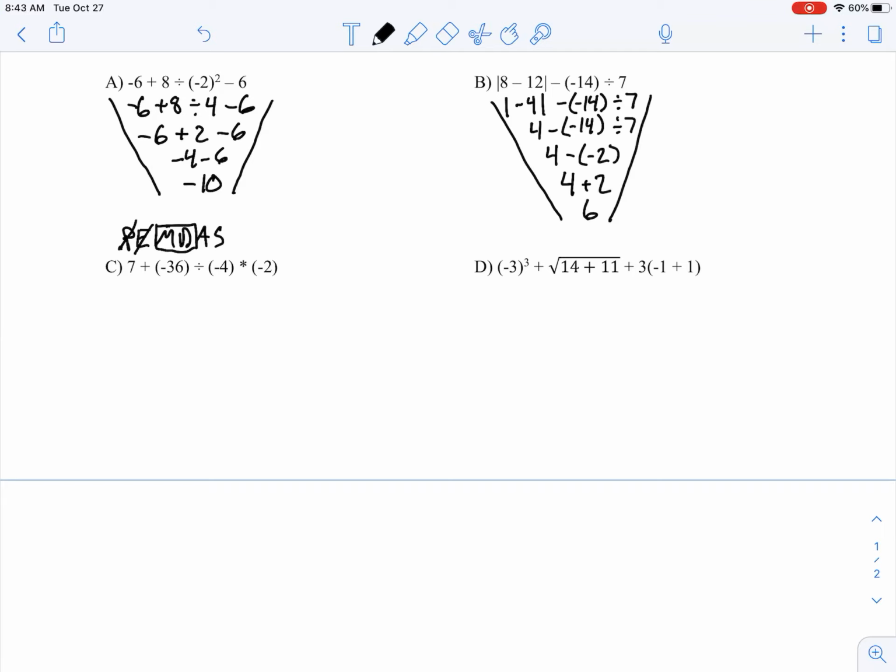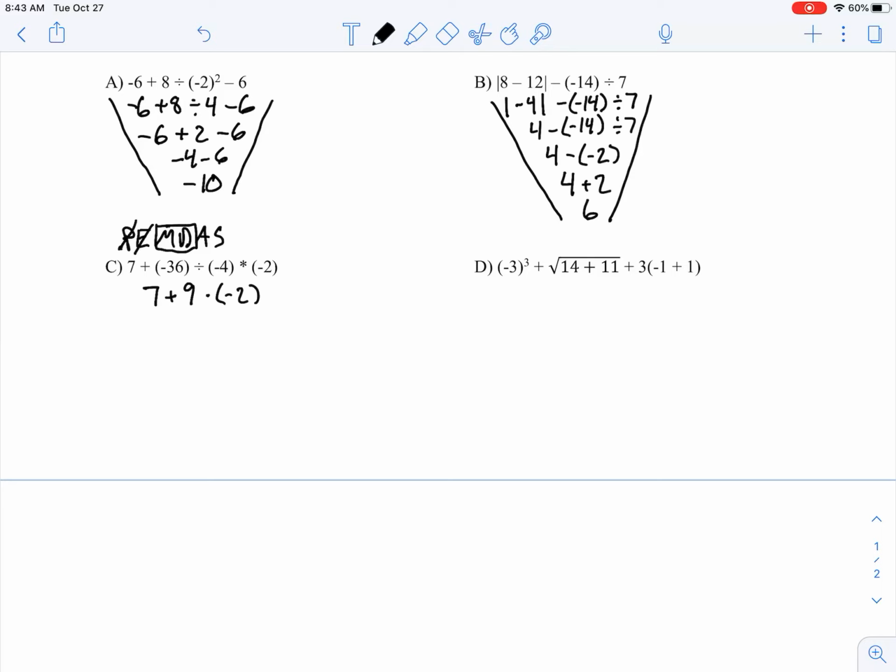So we've got negative 36 divided by negative 4. Well, so we're going to bring down our 7 plus, and negative 36 divided by negative 4 is 9, positive 9, negative divided by negative is positive, times negative 2.